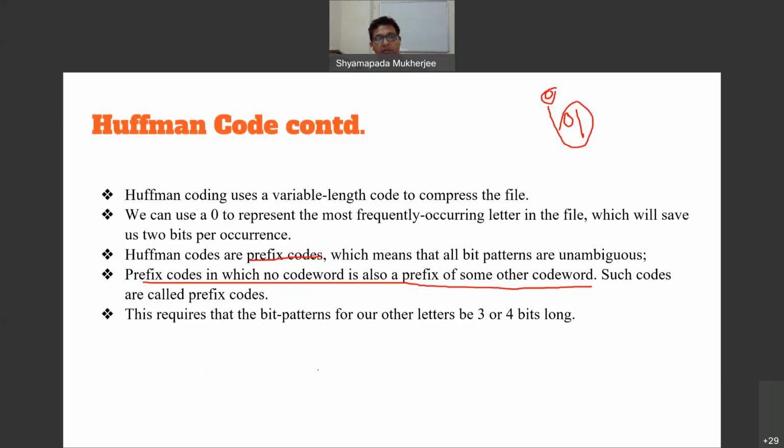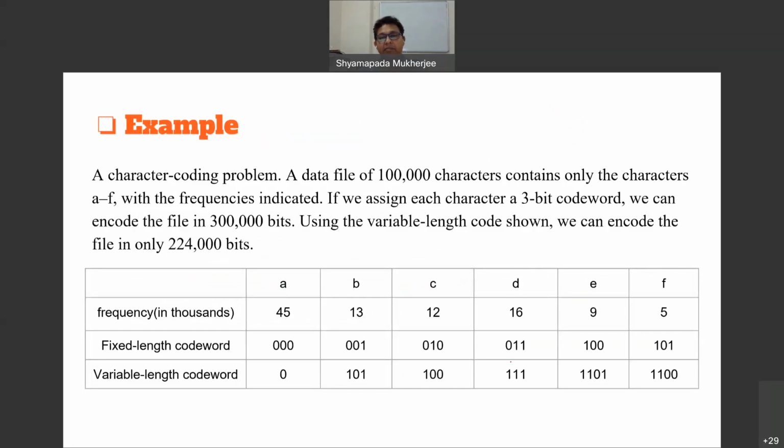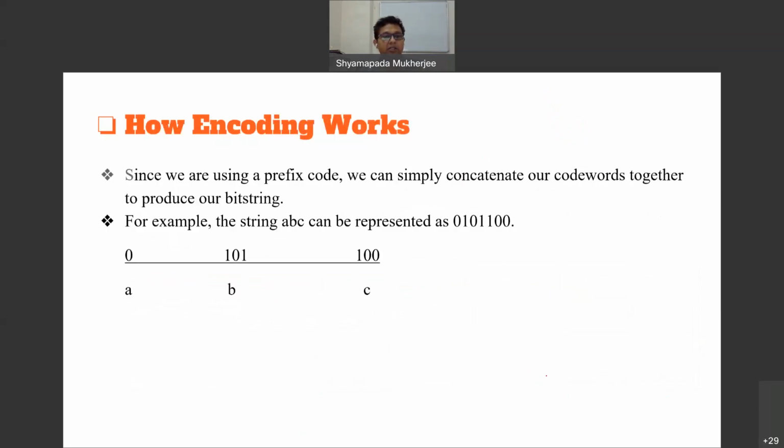The same example we have taken: the fixed length and the variable length, and the number of bits we save is 76,000. One important thing is how we do the encoding, because if it is not a prefix code there will be a problem: we won't understand which is a valid code word in the compressed file.